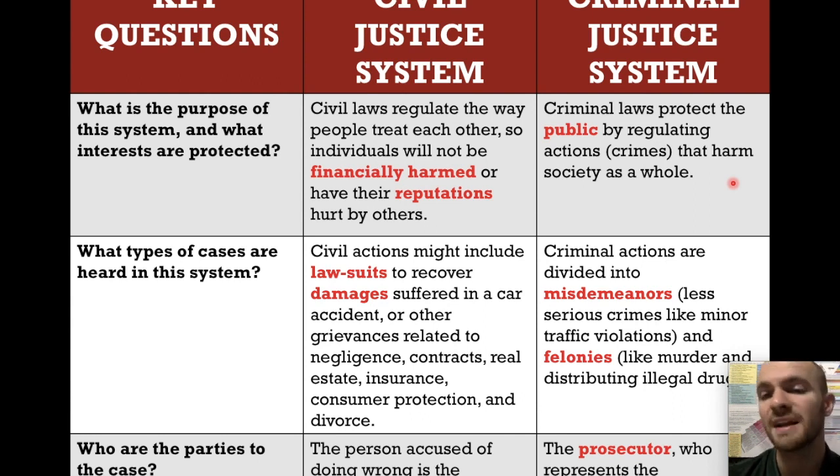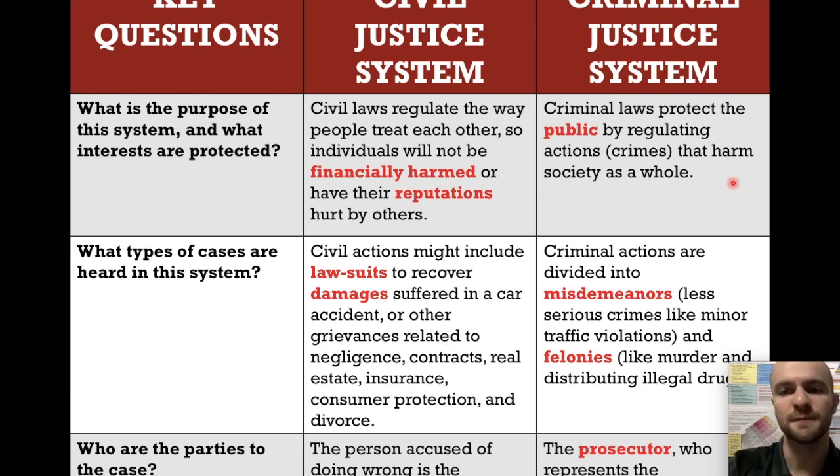And the reason why it's brought by the government is because, in theory, by committing a robbery, you are making society less safe than it otherwise would be. So the government, representing the public as a whole, is going to bring the case against you.